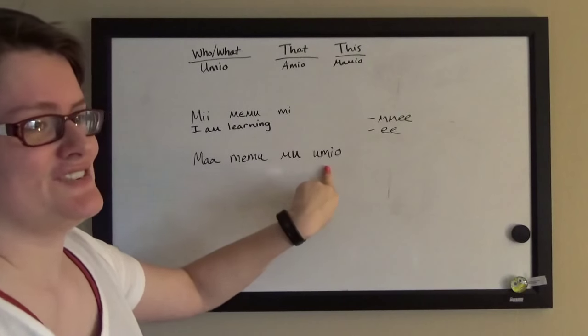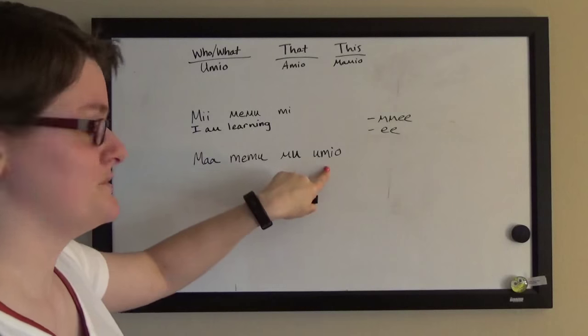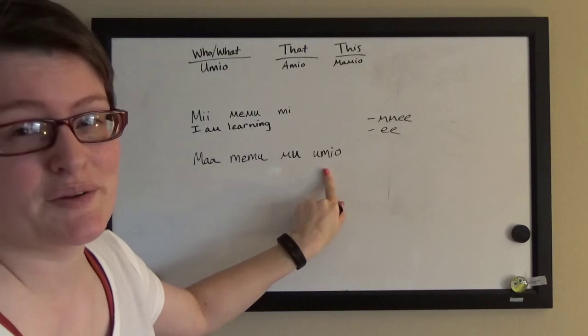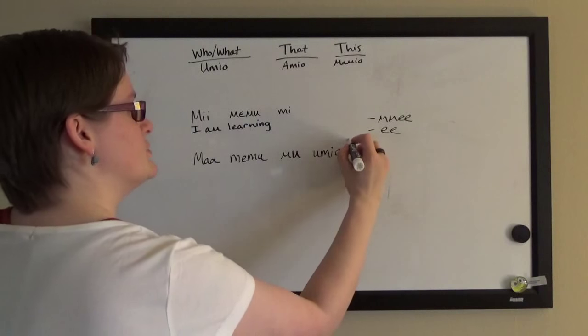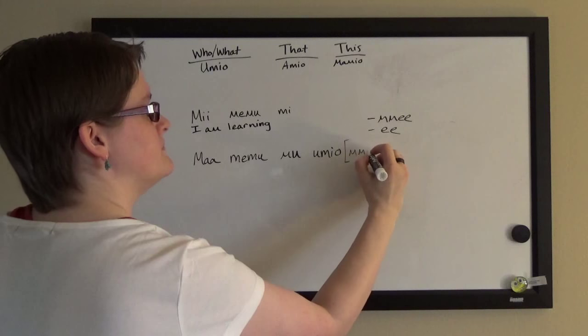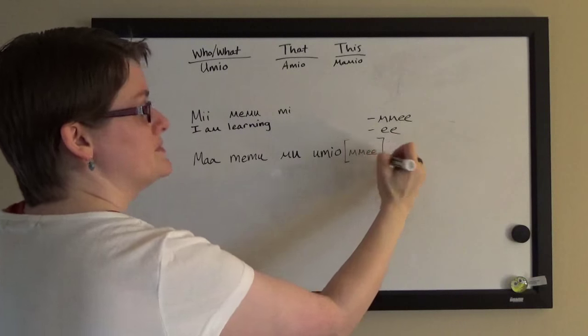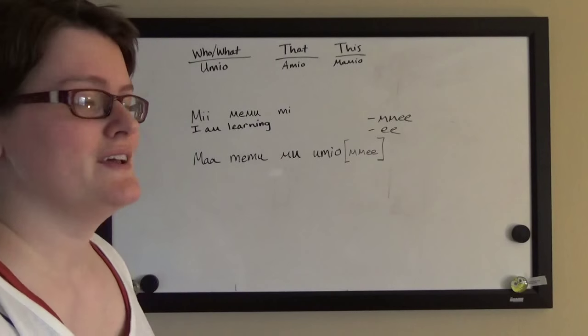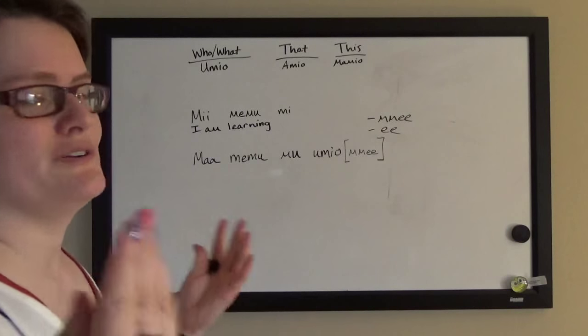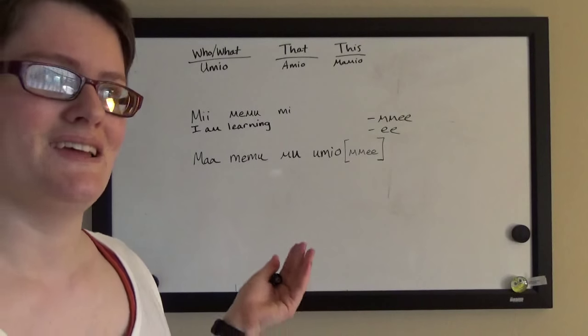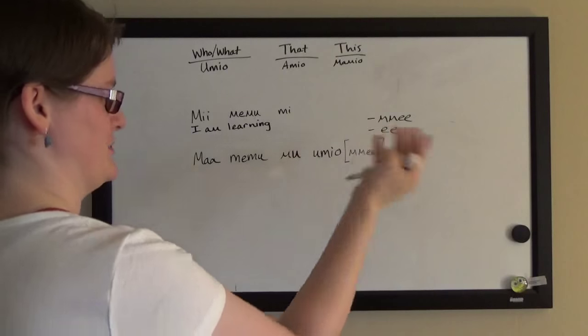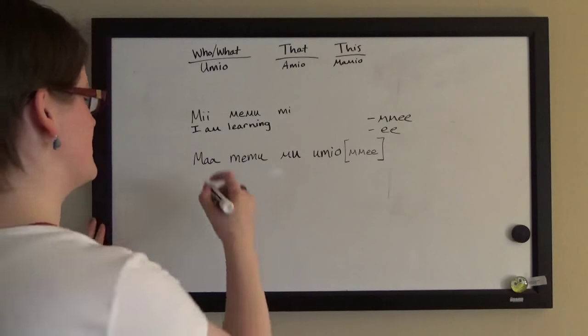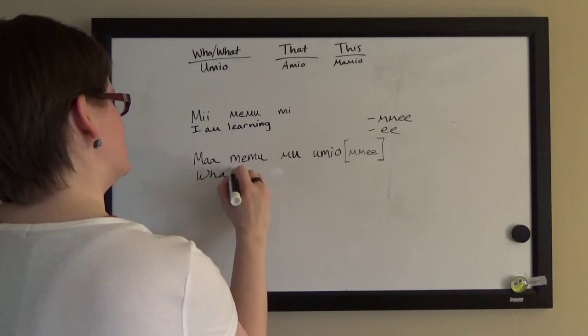Now, does it make sense to say, what is learning you? That doesn't really make sense. So you could leave it off, or you could keep it on. You can be explicit if you'd like, or you can think about it ahead of time and say, well, it doesn't make sense to have it the other way, like it is learning me. But, so, what are you learning?